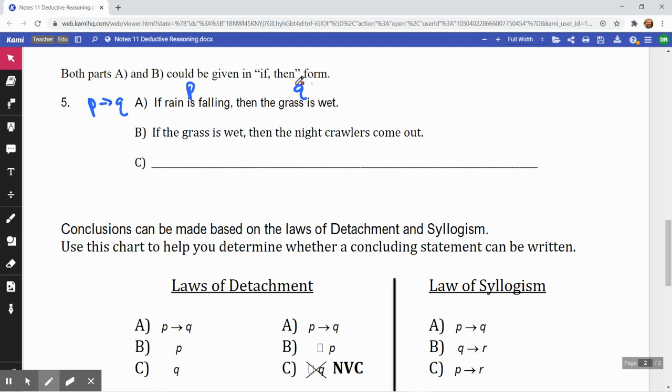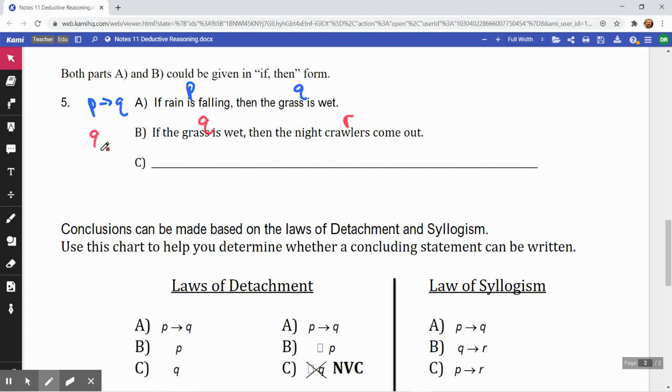We labeled that idea as Q. So the second statement is starting with the theme of our conclusion, Q. Then it goes to a new thought. Then the night crawlers come out. Okay, so following our alphabet, if we have a new theme, we're going to represent it with its own letter, and the alphabet, P to Q, the next letter would be R.